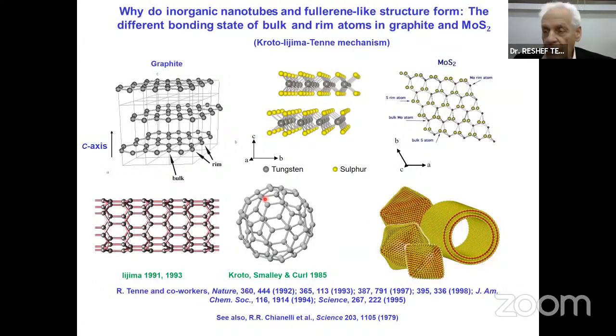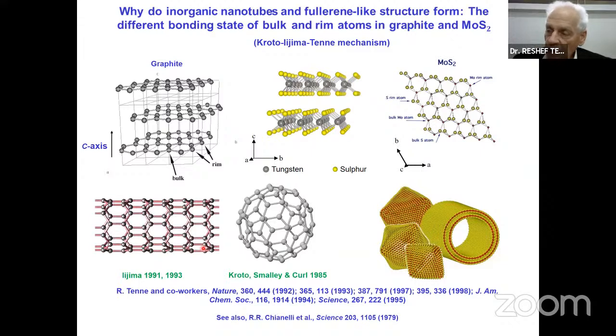In the same way, a few years afterwards, Iijima came with the idea that carbon graphite will also form nanotubes, the same idea, but instead of bending in 2 directions as a spherical ball, they will form nanotubes, which are actually a plane of graphene sheet folded into a closed cylindrical form. And with that idea in mind, I went one step forward and proposed that molybdenum disulfide and tungsten disulfide will do the same.